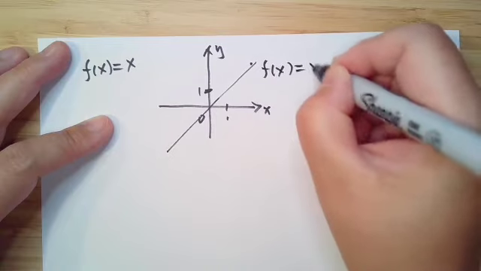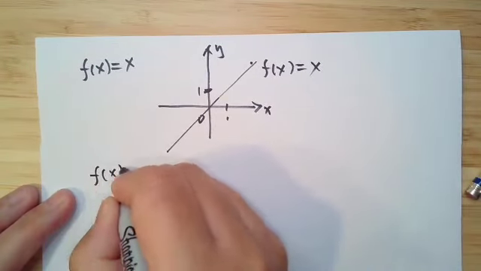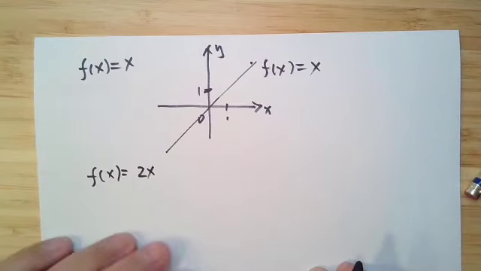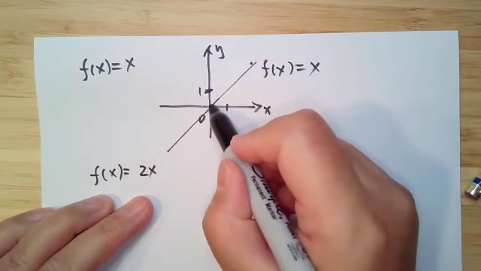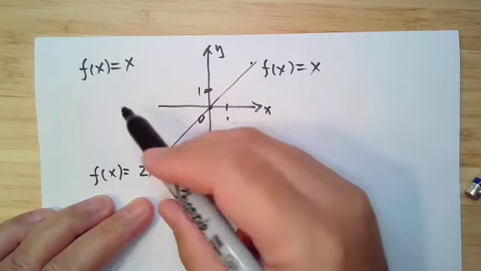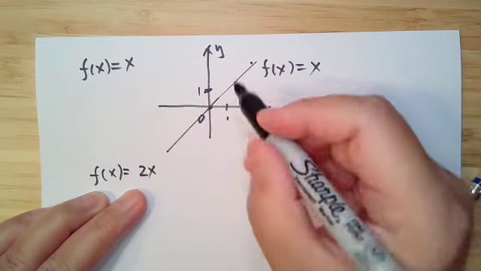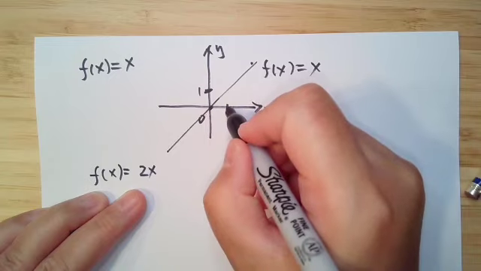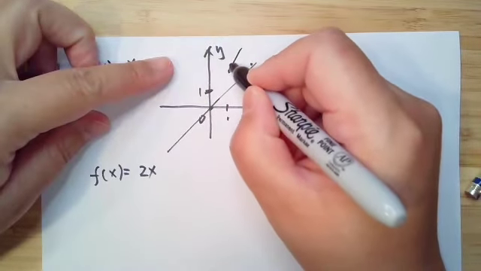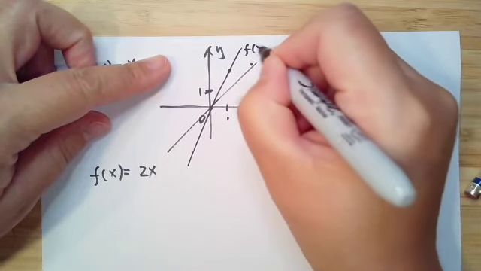Now, if I ask you to do this, f of x equals 2x. Well, it still has this direct variation relationship. The difference is the slope. The slope is 1 and now it's 2. So every time x increases by 1, it goes up by 2. So that's a new one. So f of x equals 2x.